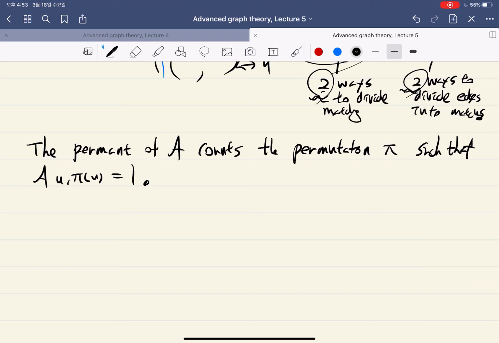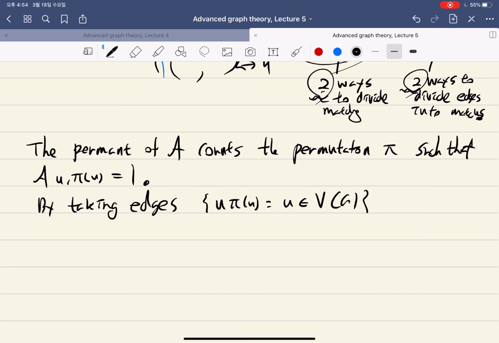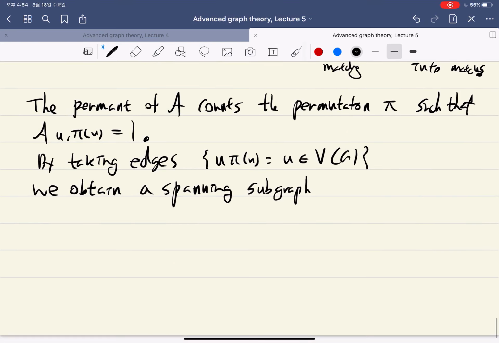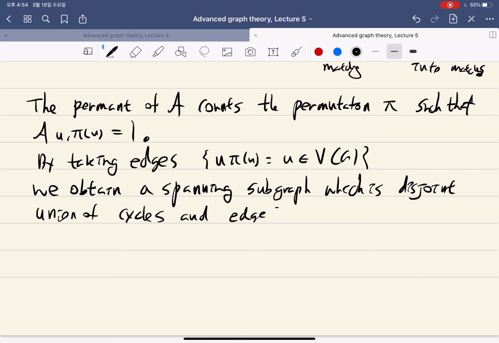For each permutation, we take the edges u pi(u) with all vertices. What do we obtain? We obtain a spanning subgraph of G, which is a disjoint union of cycles and edges.